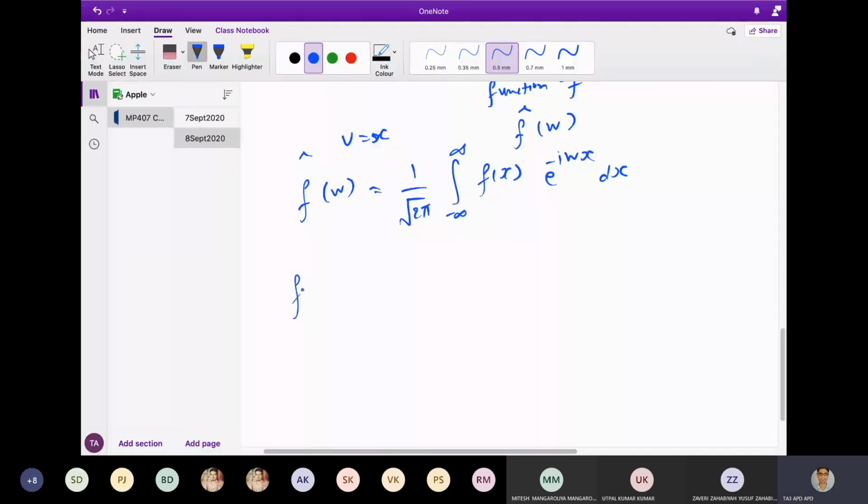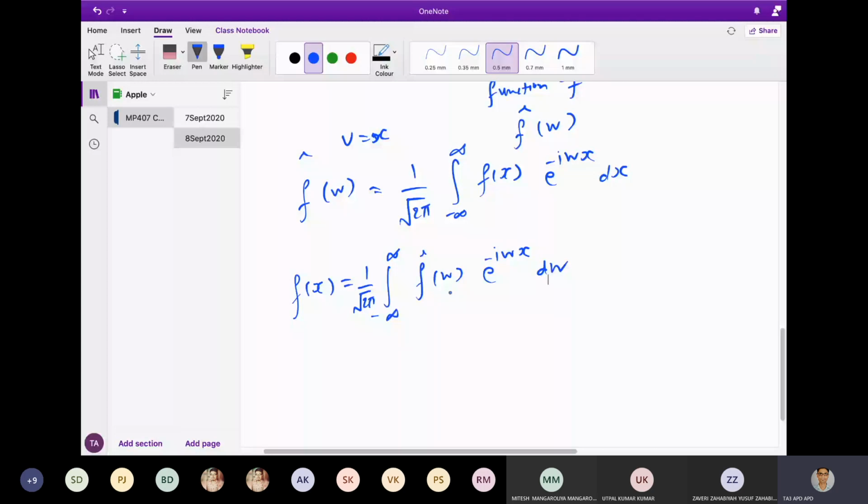So that means f of x is equal to the integral from minus infinity to plus infinity of 1 over root 2 pi, and you will have simply your Fourier transform as a function of w and e raised to minus i wx dw. Okay, so that will be the inverse Fourier transform.